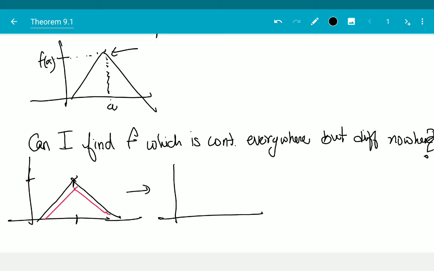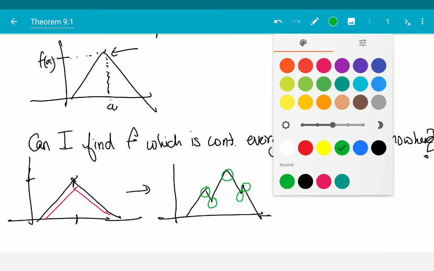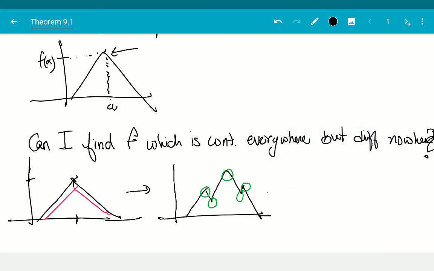Well, the idea is I am going to add a jagged edge there. Instead of having a plain edge, I'm going to make it jagged. This way, I have added two more points where it's not differentiable. So instead of having one point where it's not differentiable, now I have 3 points.